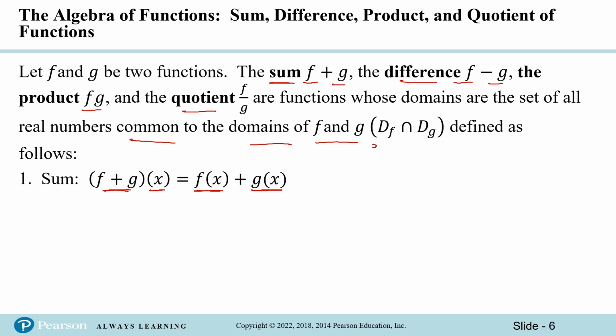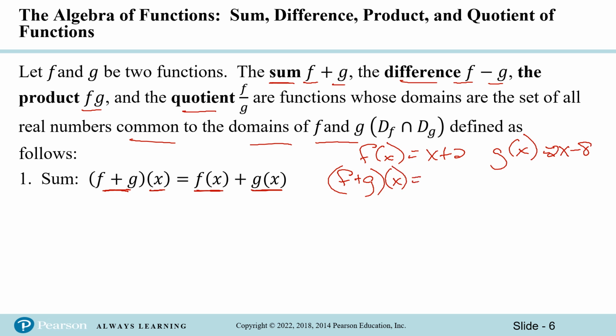If I have f of x equals x plus 2 and g of x equals 2x minus 8, then f plus g of x is equal to my f function plus my g function.